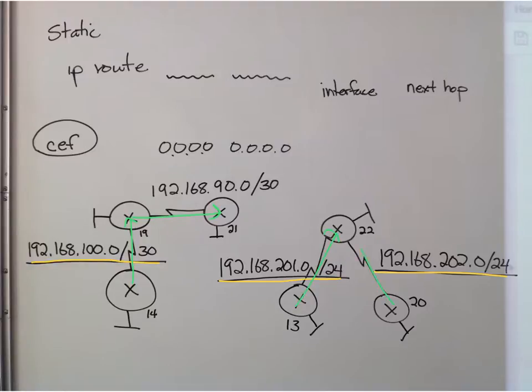Defaulted up, defaulted up, and then we had static routes pointing back down to those particular networks. The command is ip route, the network you want to go to, the mask, and then we can give either the interface, the next hop, or both.